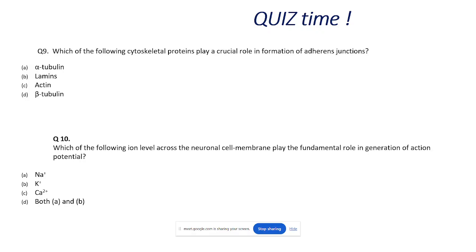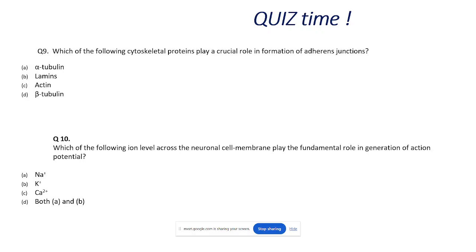So actins are proteins that form microfilaments, one of the three major components of the cytoskeleton, which is essential for the establishment and maintenance of cell junctions and the cell shape. So adherens junctions have a cytoplasmic face which is linked to the actin cytoskeleton. So actin is the correct answer.